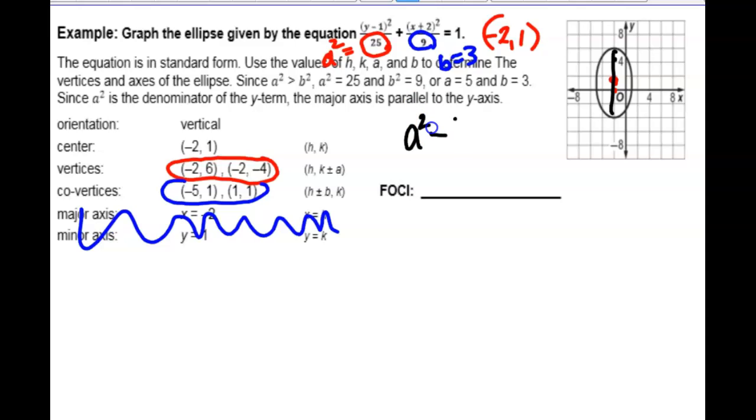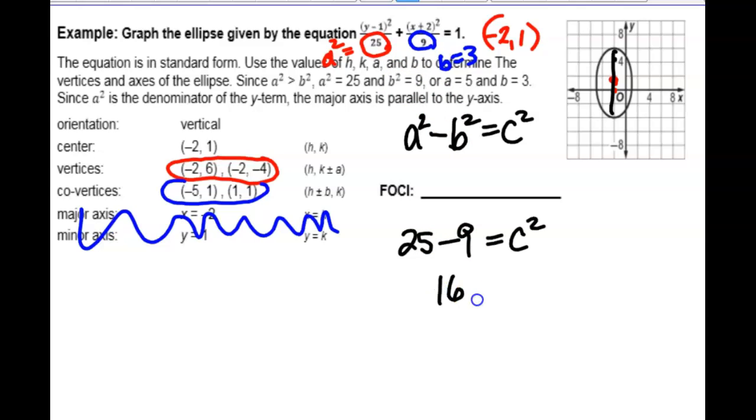It's a squared minus b squared. So on this question, there was a 25 and a 9. Okay. 25 is a squared minus 9 is b squared. They're already squared. So if I would have subtracted there, is that 16, guys? So C would be 4.